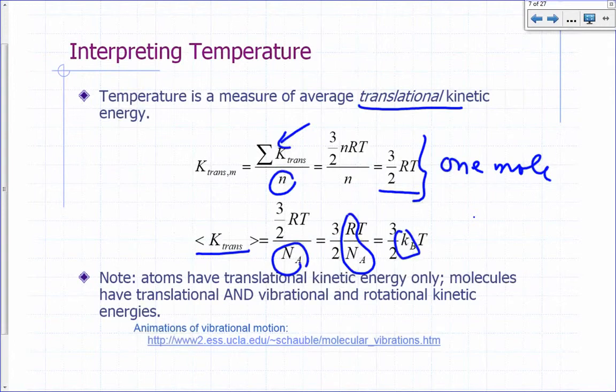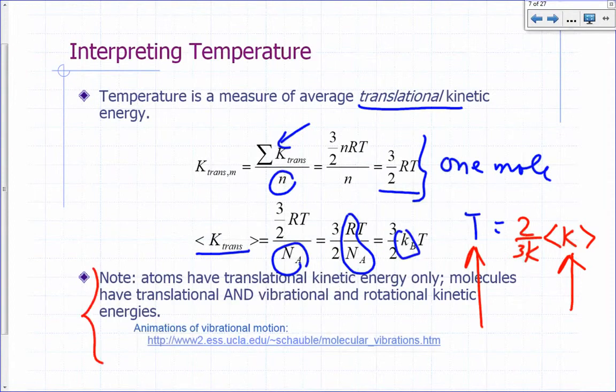Solving for T, temperature is 2/3k times the average translational kinetic energy. So that means the higher the average kinetic energies of the molecules, the higher the temperature.